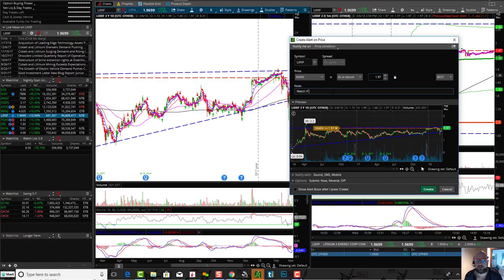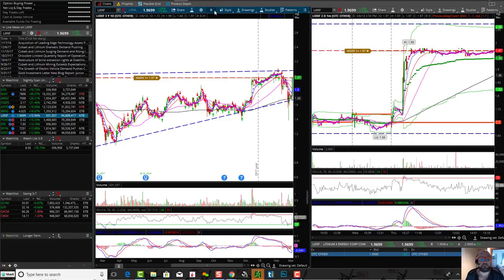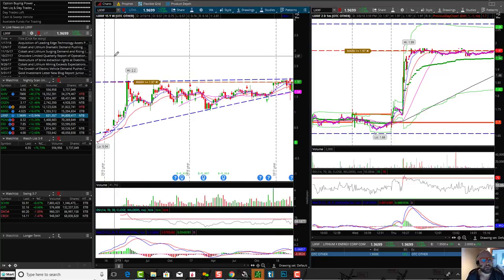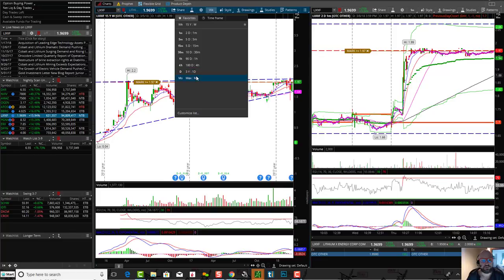Watch if price breaks critical resistance area of $2 for potential breakout. Let's see. All right, so I'd watch out for that 2.20.